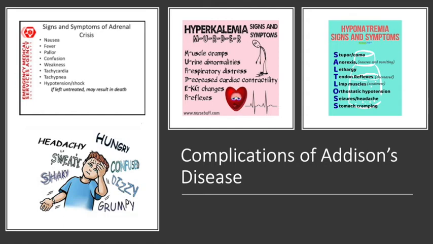The expected findings for hyperkalemia can be remembered through the mnemonic MURDER, which stands for M for muscle cramps, U for urine abnormalities, R for respiratory distress, D for decreased cardiac contractility, E for EKG changes, and R for reflexes.